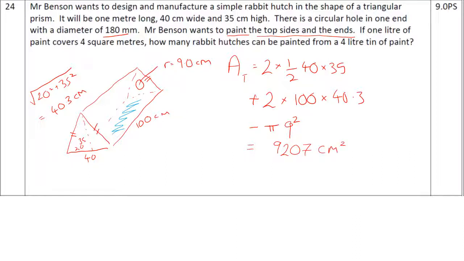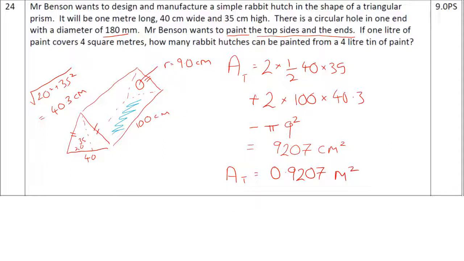Now, we want to work in square meters. What you've got to remember is that there are 10,000 square centimeters in a square meter because there's 100 centimeters in a meter, and so you multiply 100 by 100, you get 10,000. So the total area for one rabbit hutch equals 0.9207 meters squared.